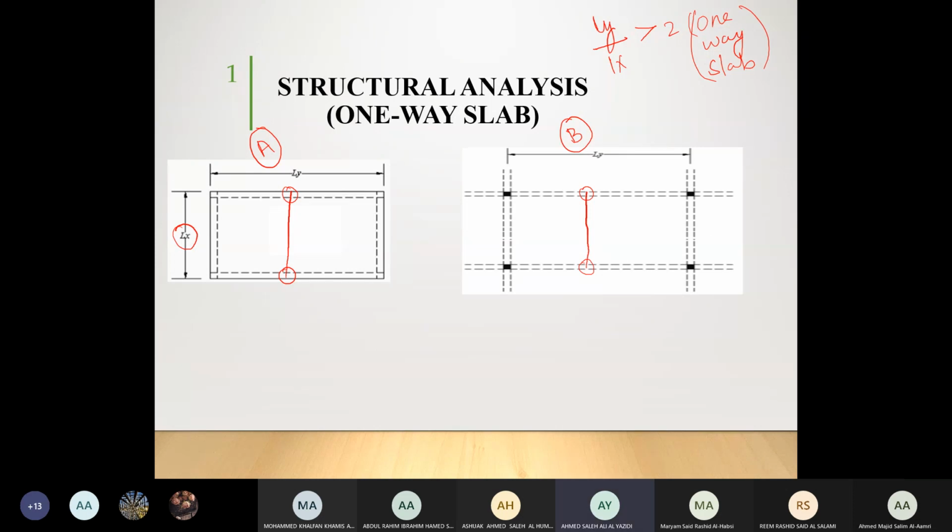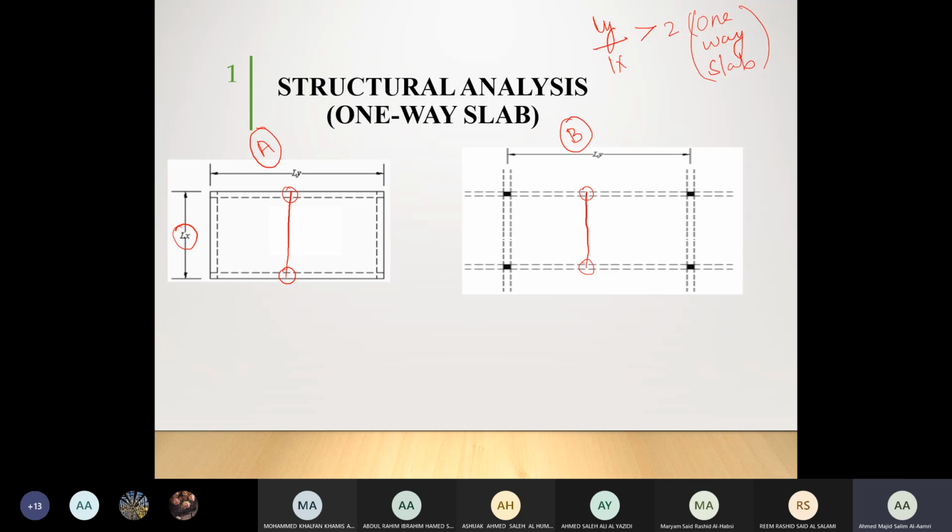Yes, Mr. Now, how many types of supports are there? No, not in the pictures. I'm talking in general.